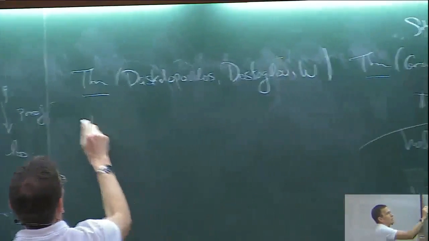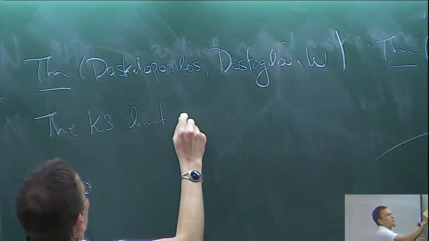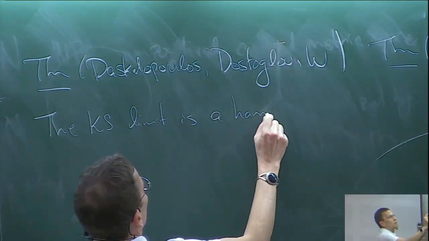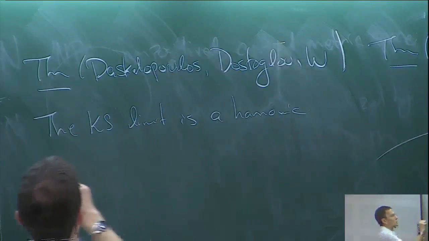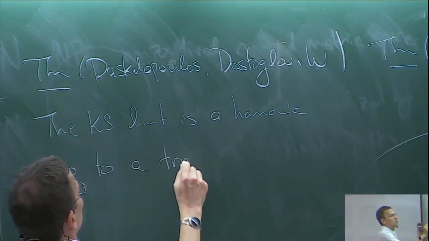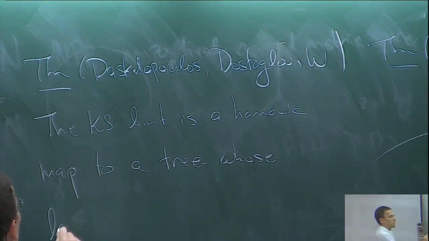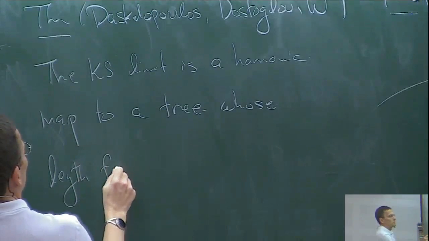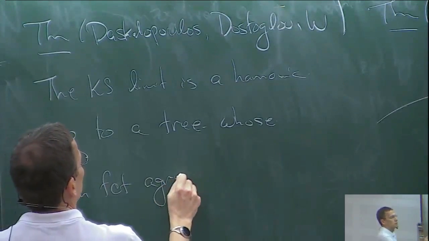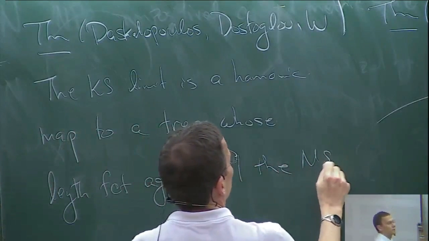So then the Korevaar-Schoen limit is a harmonic map to a tree whose length function agrees with the Morgan-Shalen limit.